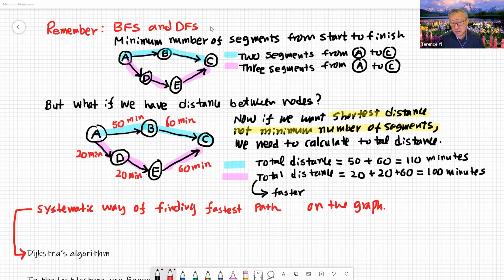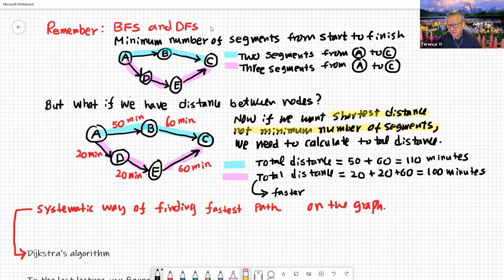If you take the bottom one, the purple path, it will take you three segments, right? Because A to D, D to E, and E to C. So with BFS and DFS, we are concerned with the minimum number of segments I can take to get to the place I want to go.